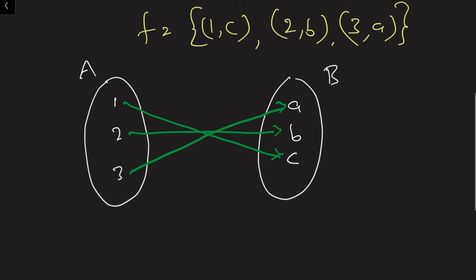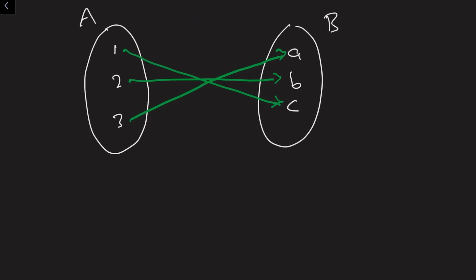Now if we observe this function clearly, every element of the set A has some unique image in set B. So we can conclude that this is a one-one function.